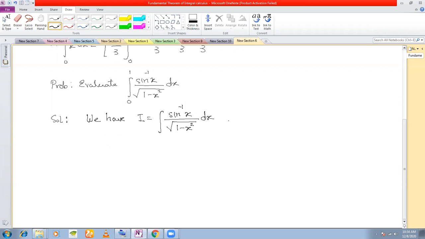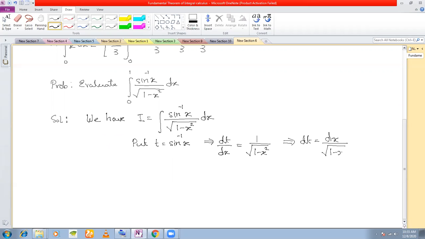What you do here is put t is equal to sin inverse x. Therefore, what do you get? You get dt by dx is equal to 1 by root 1 minus x square. That means you get dt is equal to dx by root 1 minus x square, right?